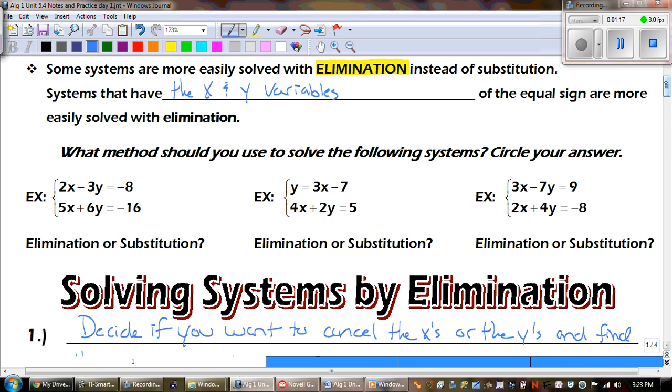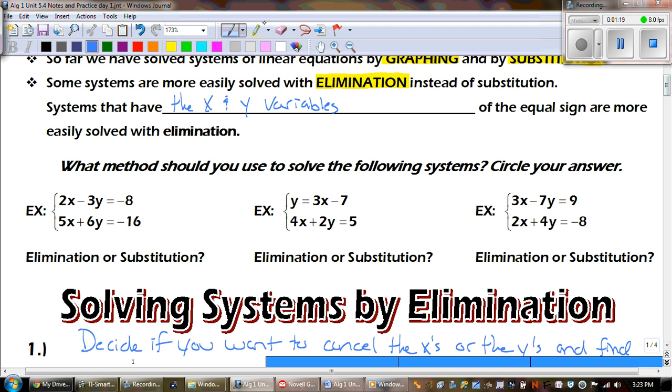So let's take a look at this first part. It says, what method should you use to solve the following systems? Circle your answer. So x and y on both sides, that's when we would do elimination.